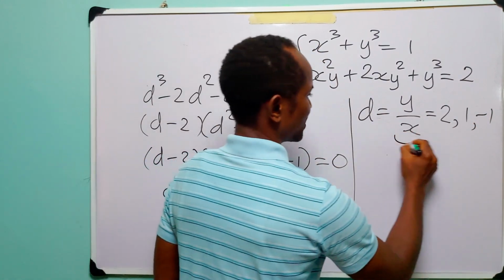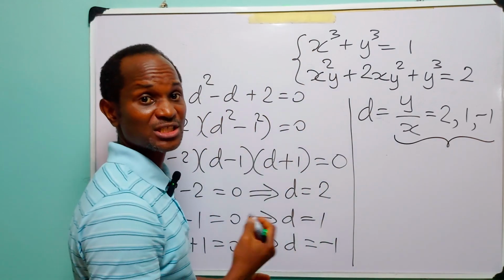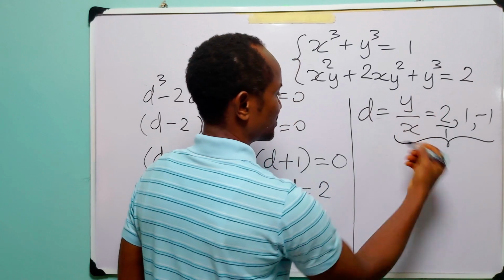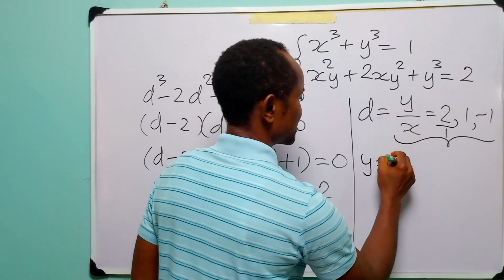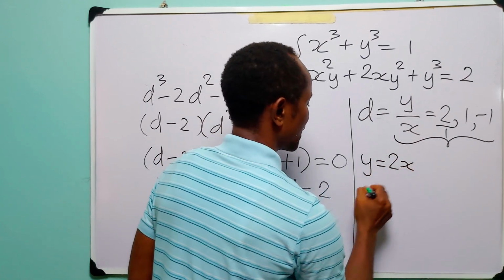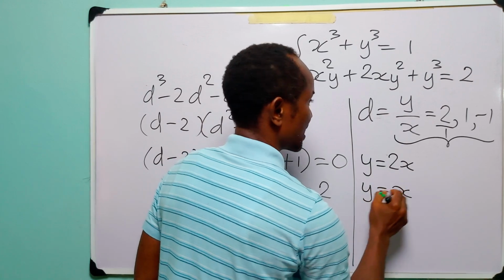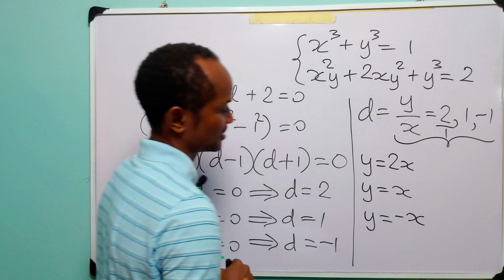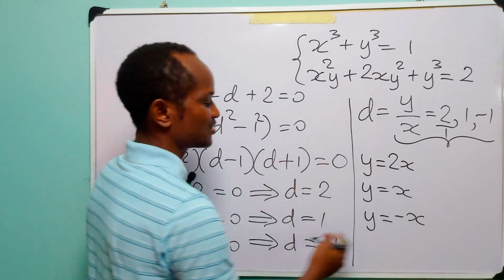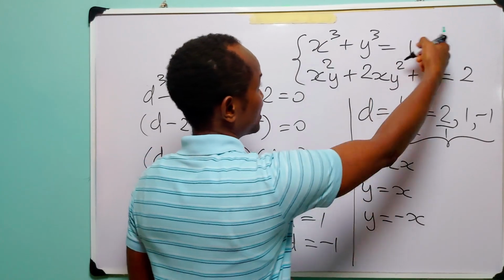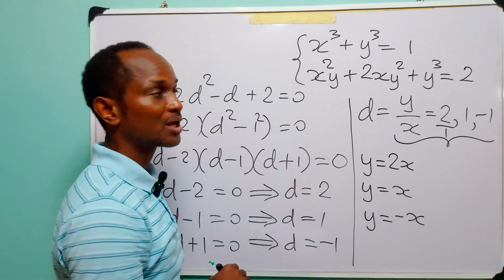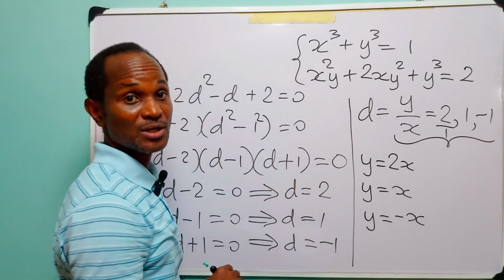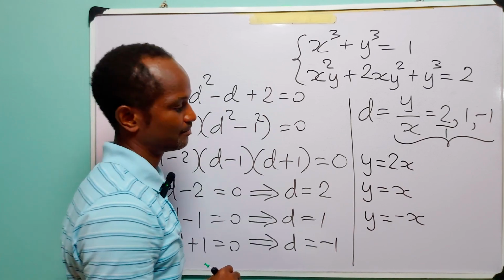So now you can see that we have a very simple relationship between y and x, because of course from here, by cross multiplication, we have that y = 2x, y = x, and y = -x. So now what we are going to do is to substitute these values into the first equation to get the actual values of x and y that satisfy these two equations simultaneously.